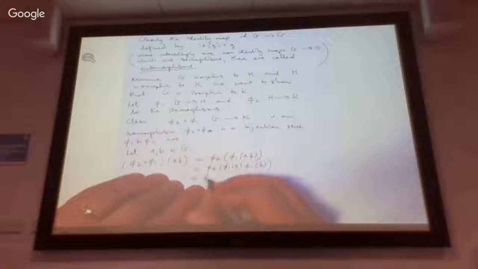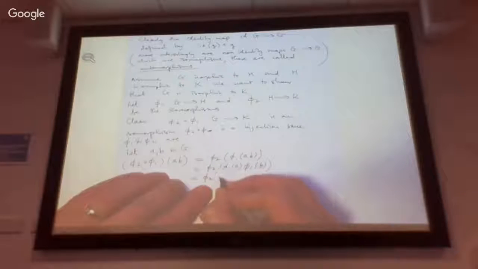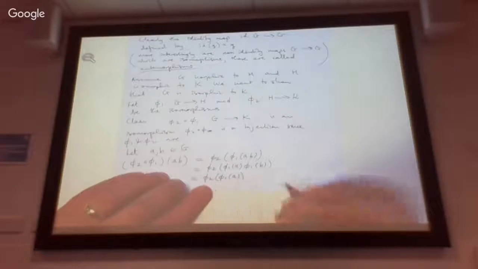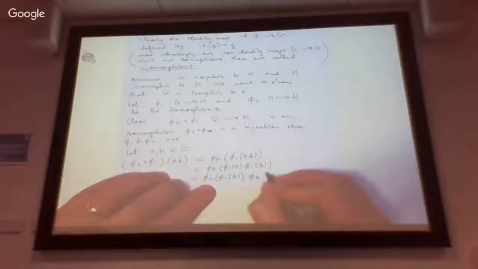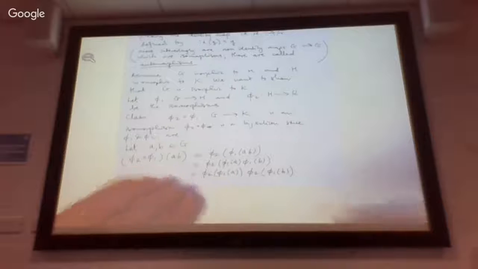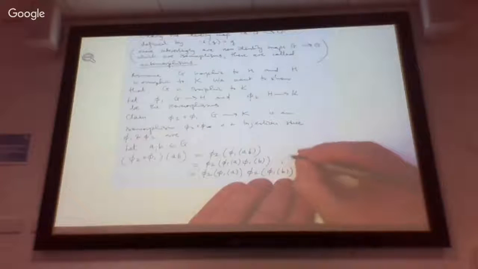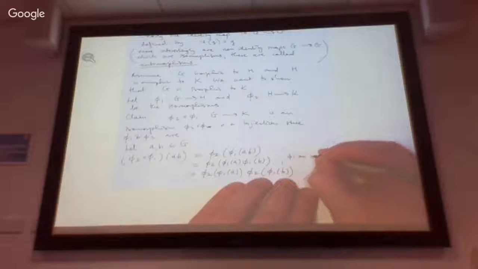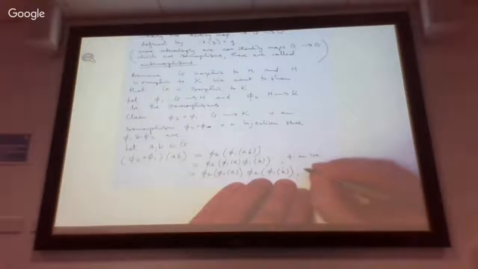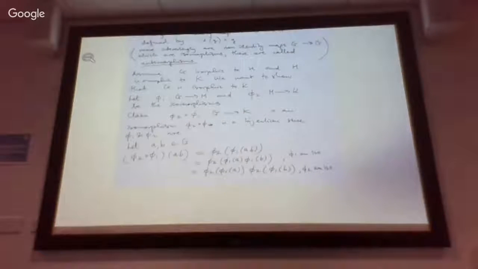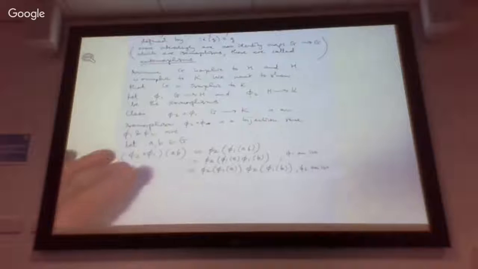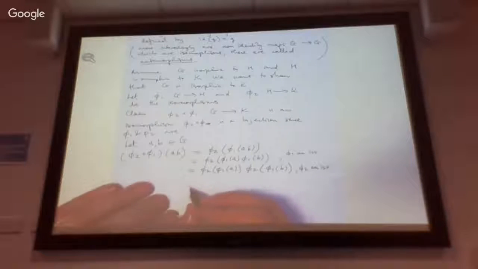So that's equal to phi2 of phi1 of A multiplied by phi2 of phi1 of B. The justification there is that phi2 is an isomorphism.